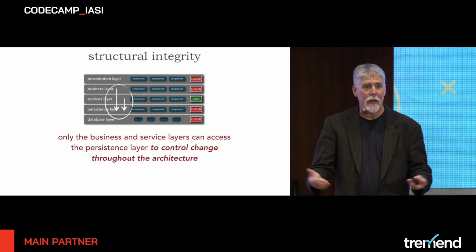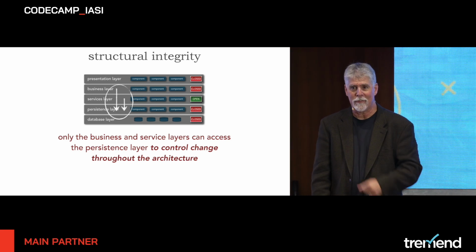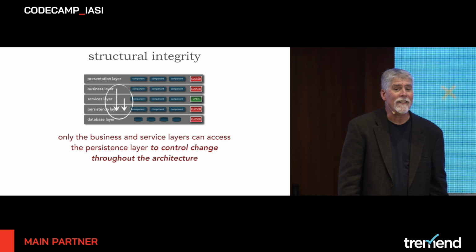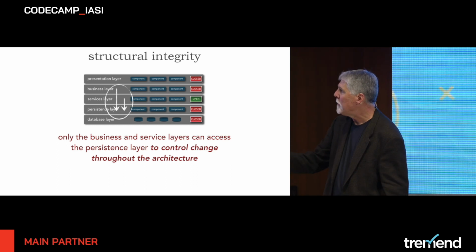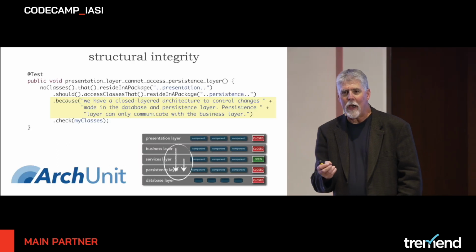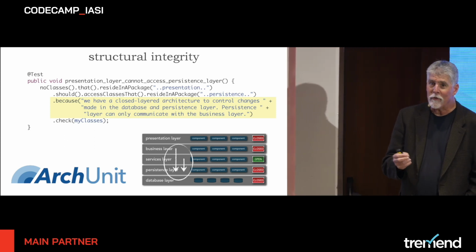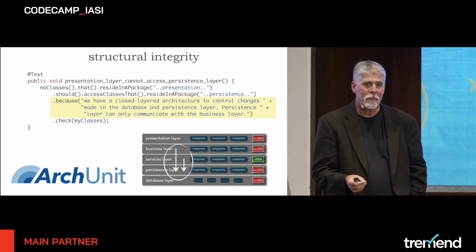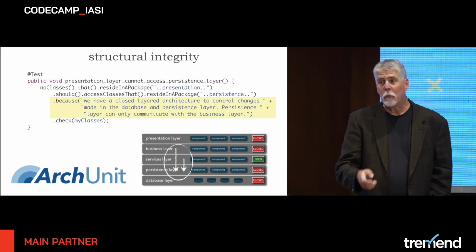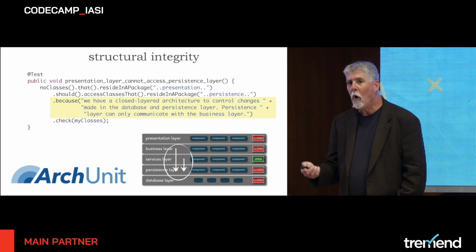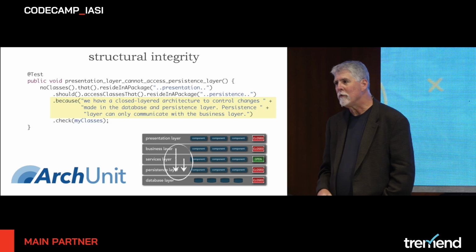How do we govern all that stuff? Like this. We write a test. For example, no classes that reside in a package presentation should access classes that reside in a package persistence. And knowing that this will happen, I always use a because clause.